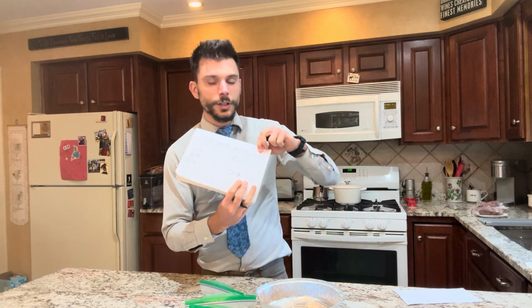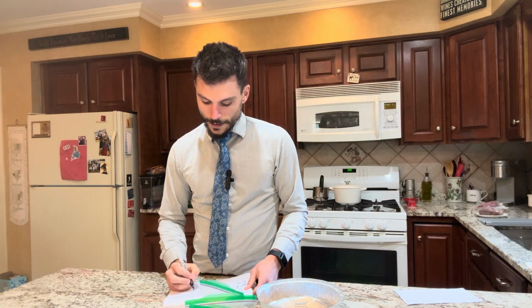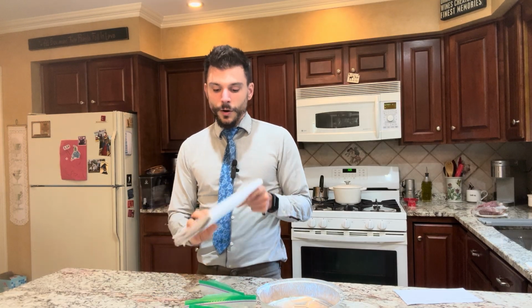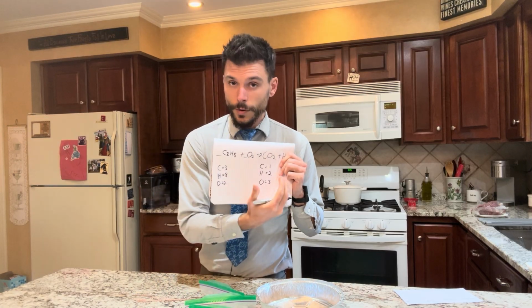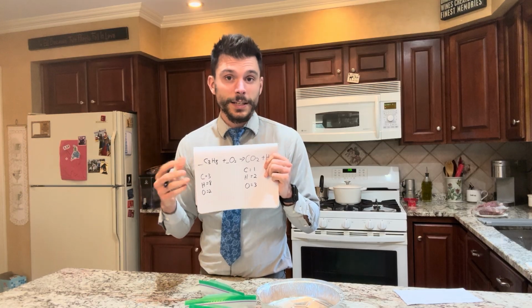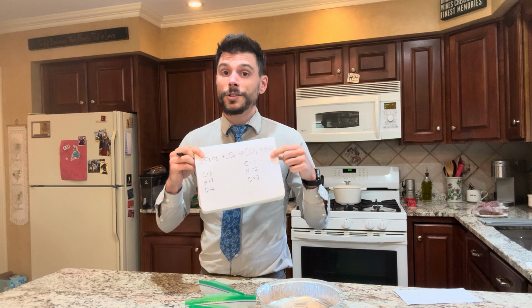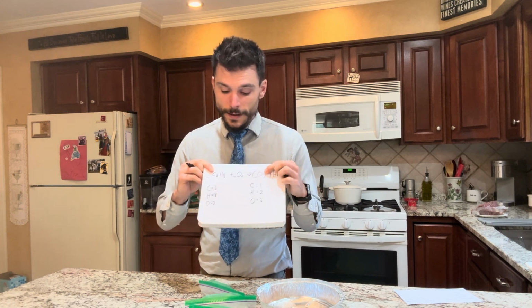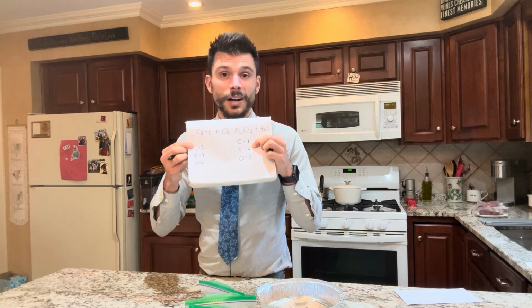And you'll see there's only 2 hydrogens over here. So obviously, our reactants are not equal to our products. So our ratios are off. So we got to see how much of each of these is going to equal how much of each of these products, right?